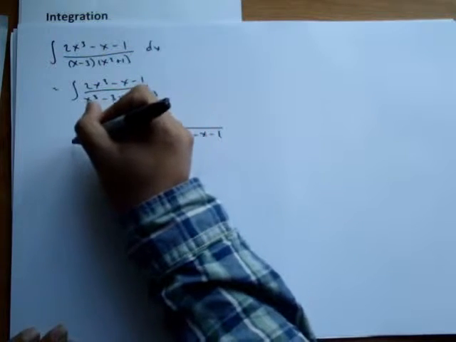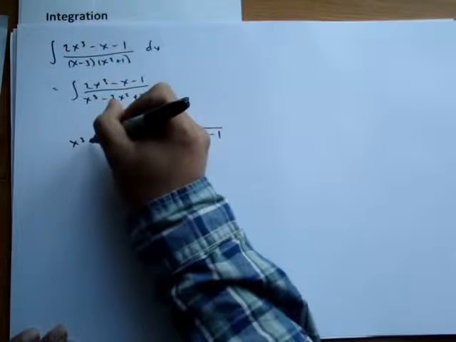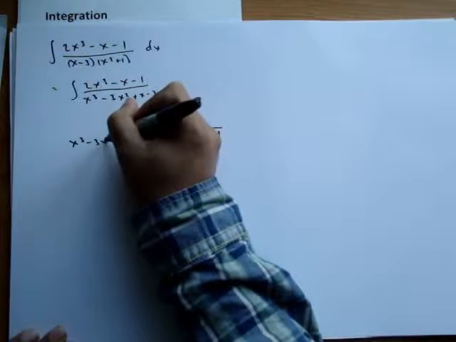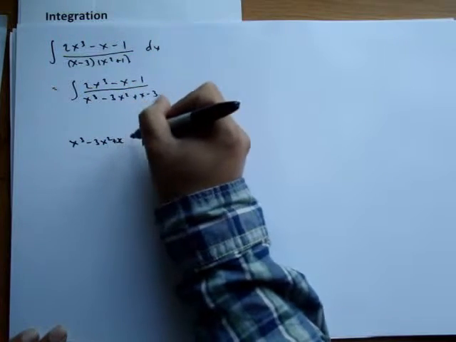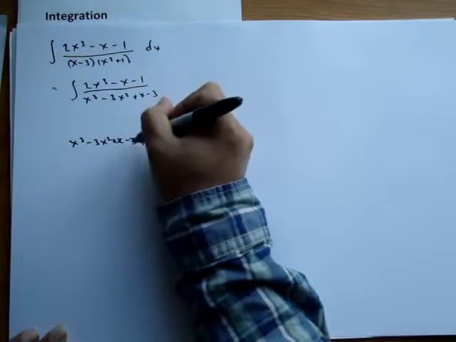divided by x cubed minus 3x squared plus x minus 3.